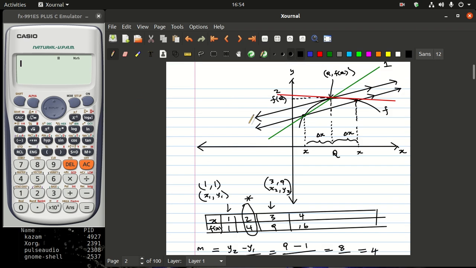Bear in mind that the difference from this point to that point and the difference from this point to that point is the same, so the average is not so different from the slope of this line. So this line and that line will give me the slope of this line.